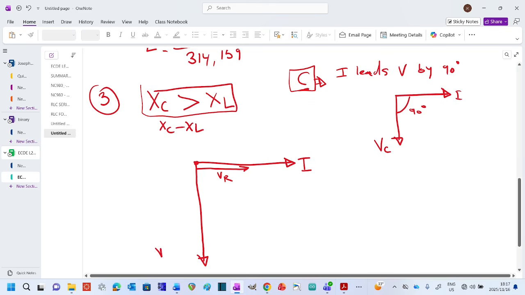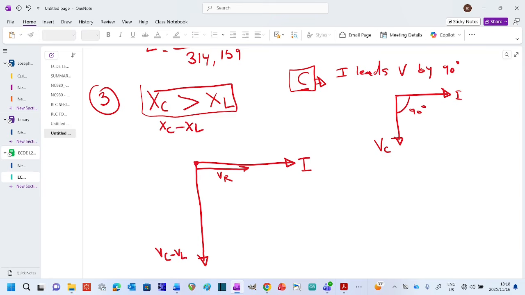So the VC minus VL angle. Then we project to somewhere there where we get VL minus VC, sorry, VC minus VL, and then we get the V total there. So that's our phasor angle.